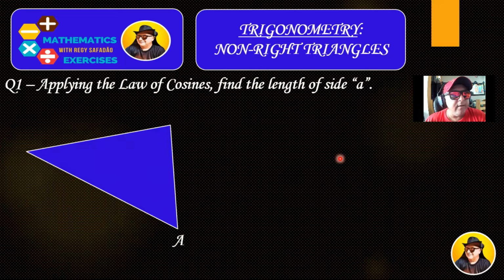Corner A, corner B, and corner C. Side A. We know about this side. This is 31 centimeters. The other side is 25 centimeters, okay? And the angle between them is 60 degrees, all right?